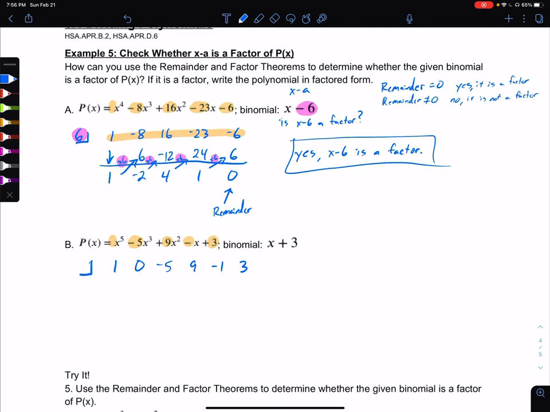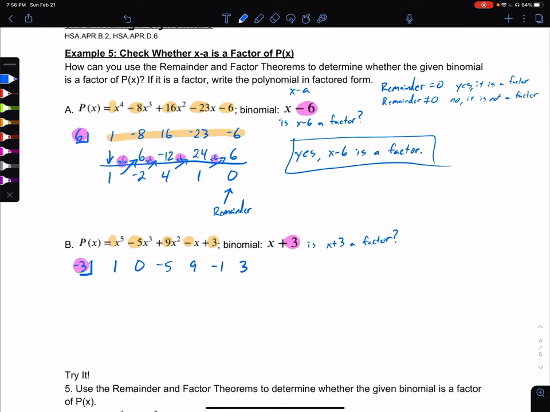And then our divisor comes from here. But remember, we're dealing with x minus a. So for x minus a, this is really x minus -3. So we need to change the sign. So that's going to be a -3. And the question they're asking, again, like I mentioned above, is, is x plus 3 a factor?